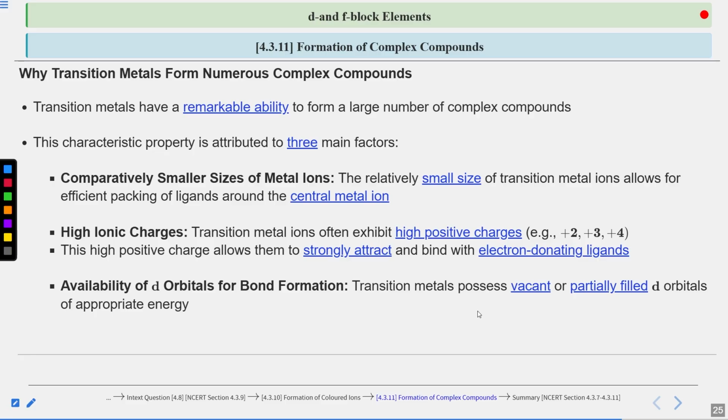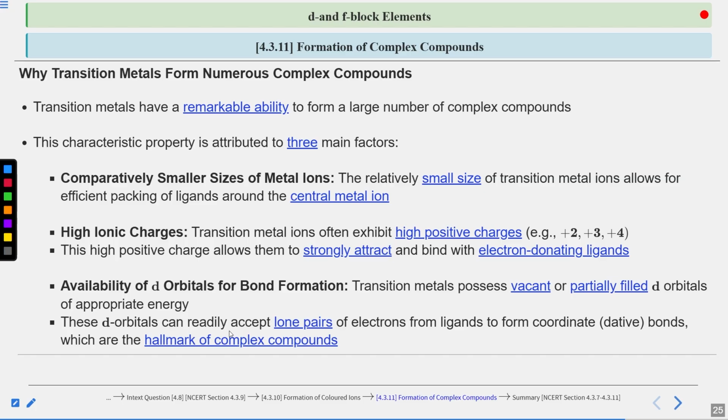We call them partially filled d orbitals, and they also have the appropriate energy, due to which electron donating ligands can easily bond with these transition metal ions by donating their electrons. Since they have vacant or partially filled d orbitals, they can easily take those donated electrons from the ligands and bond with them.